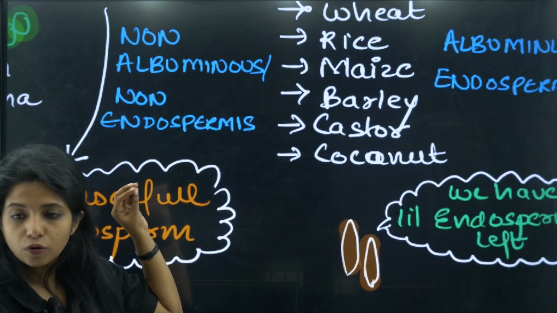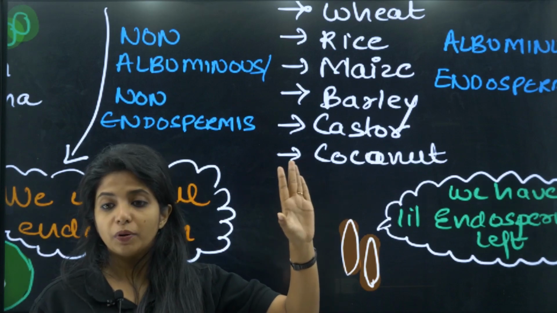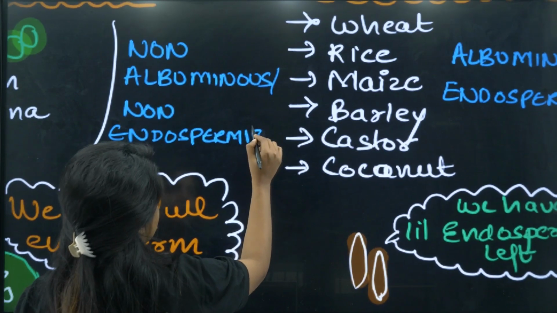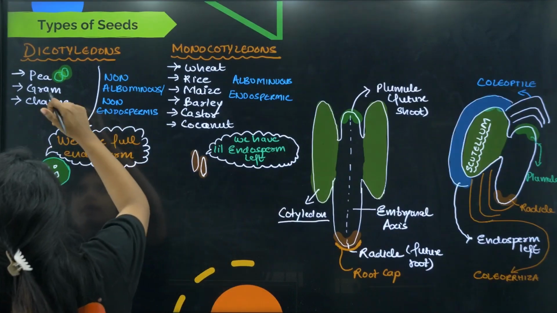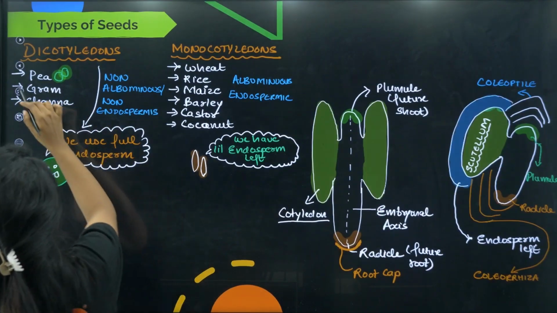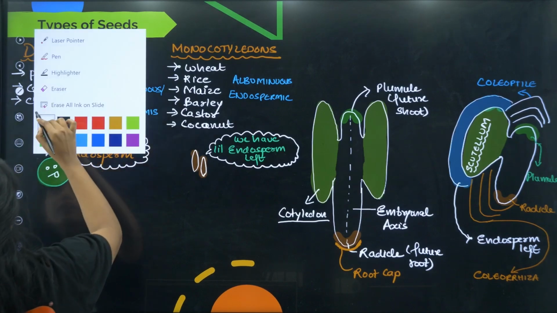Where you do not have endosperm left at all, you call them non-albuminous or non-endospermic.